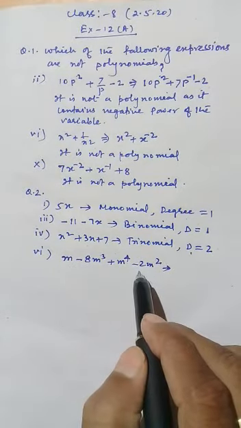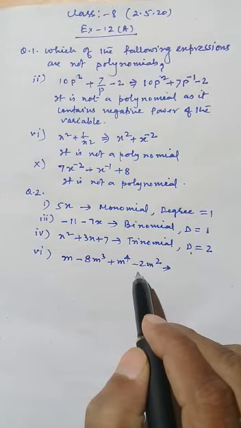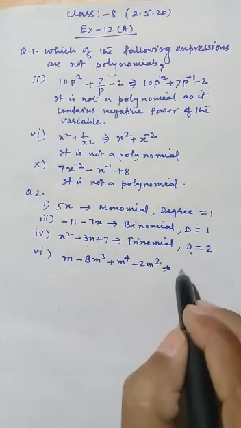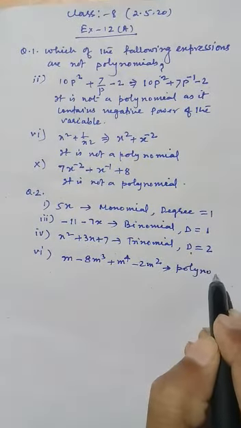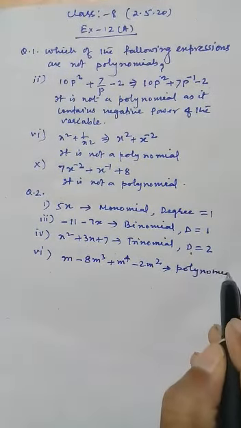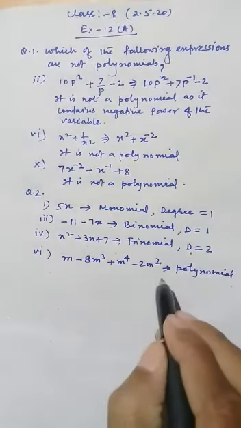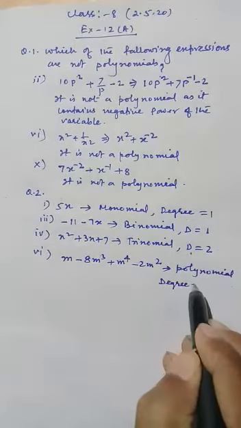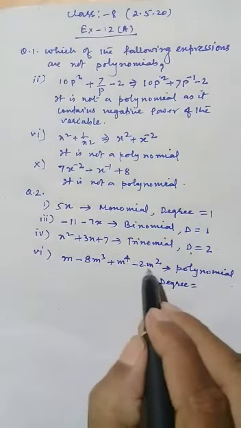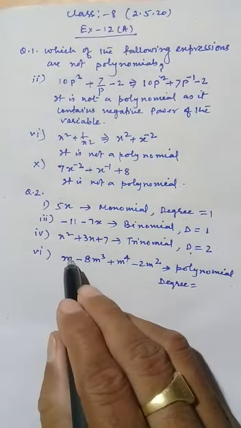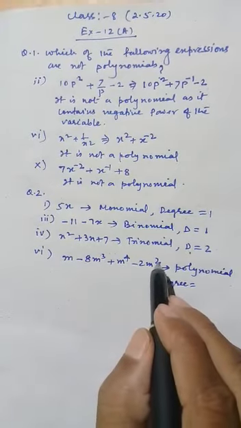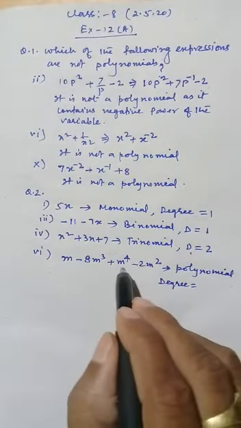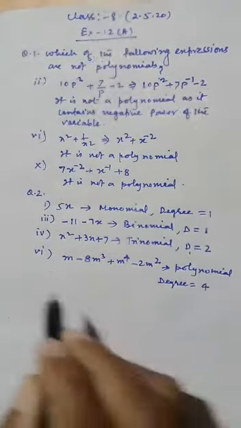As I told you, if number of terms is more than 3, then that is a polynomial. And degree will be, listen, just you check, m is the variable, here power of m is 1, here power of m is 3, here power of m is 4, and here power of m is 2. Then what is the maximum power of m? 4. Then degree will be 4.